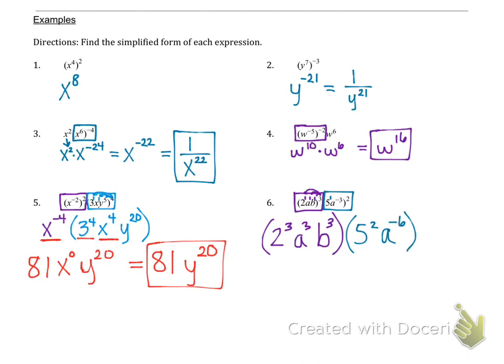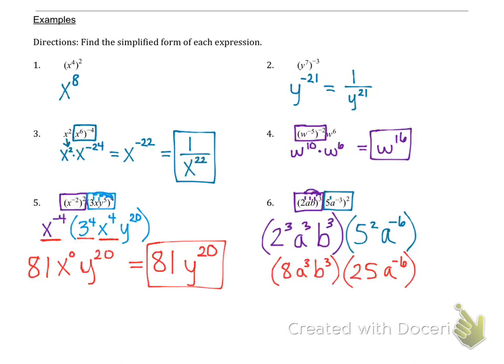And now I'm going to simplify my answer. So 2 to the third power is 8. So I have 8a cubed, b cubed, times 5 squared is 25, a to the negative 6 power. And now I'm going to bring this all together.